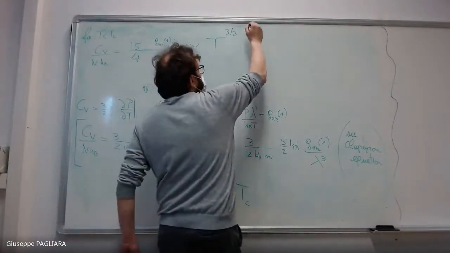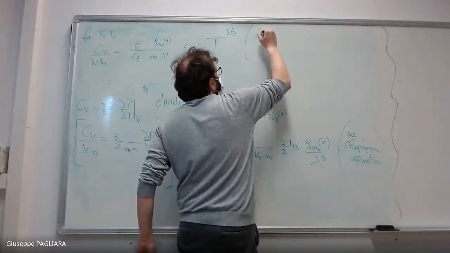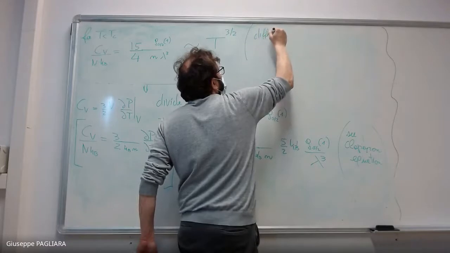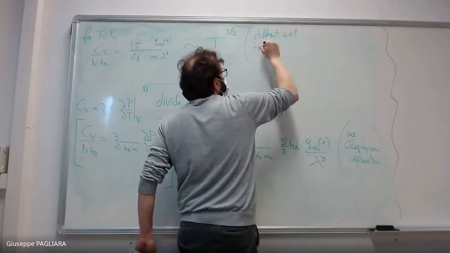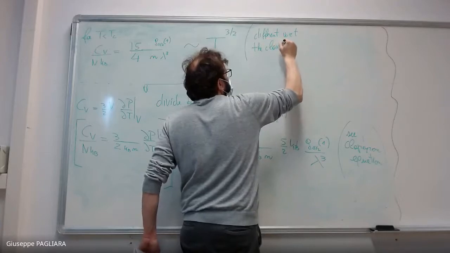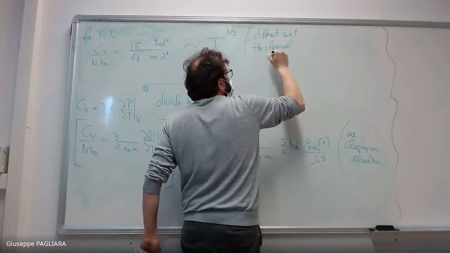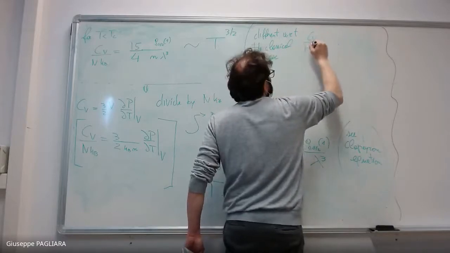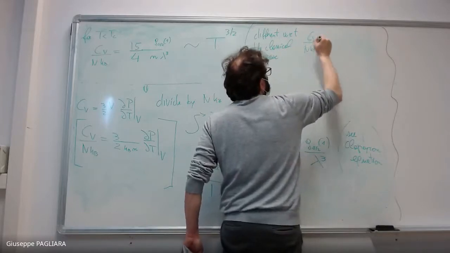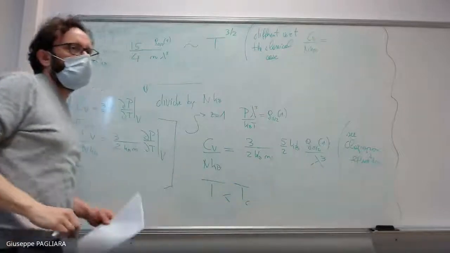That of course is different with respect to the classical case, for which the CV divided by N kB is a constant, no?